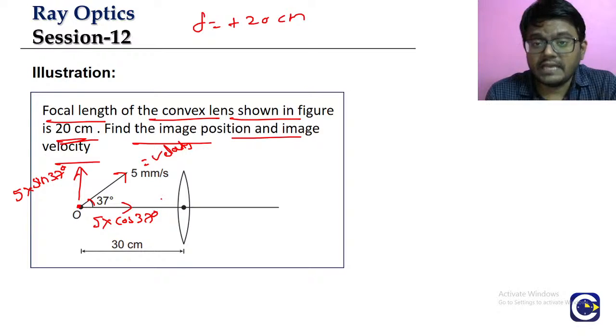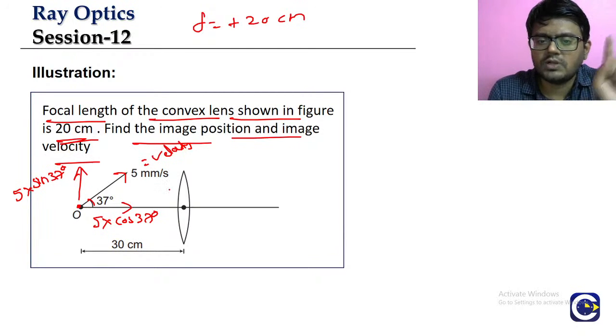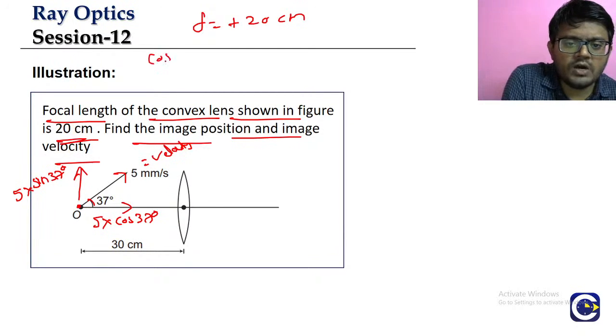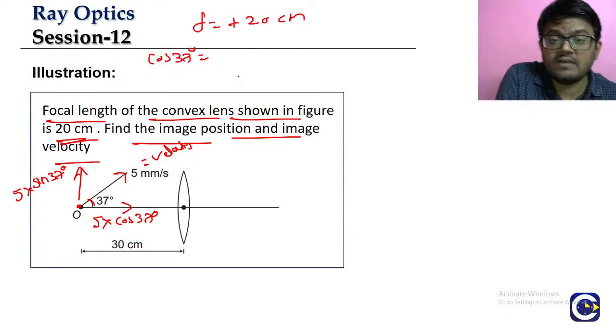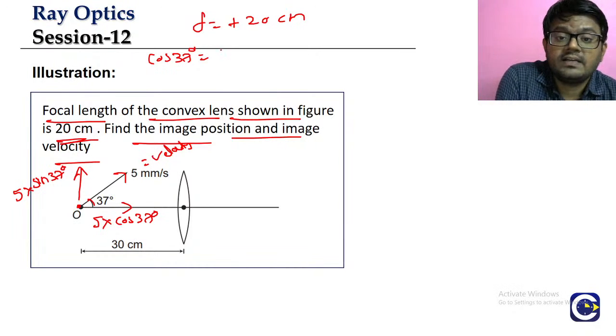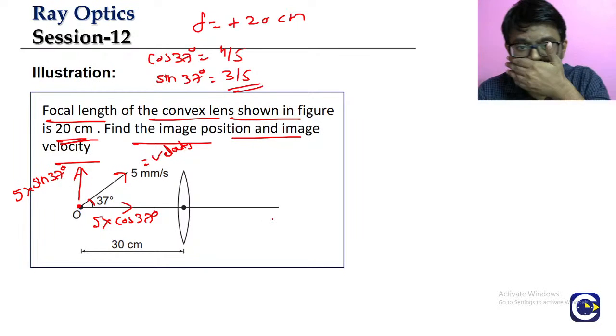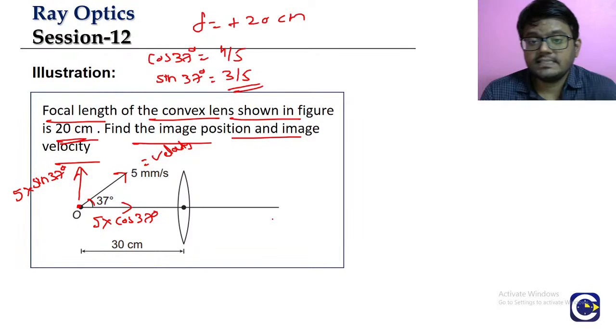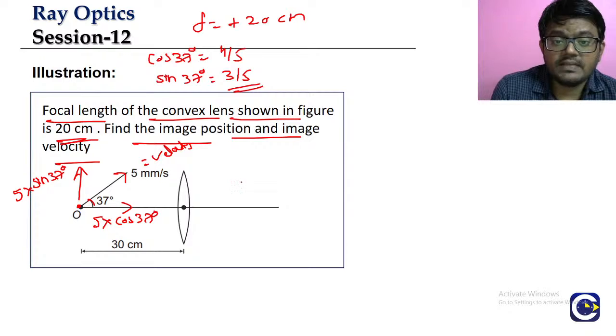By the way, I think in one of the previous problems also we have seen the value of cos 37. Just like our normal angles, this is also one of the very frequently used angles. What is cos 37? It will be 4 by 5, and sin 37 will be 3 by 5.